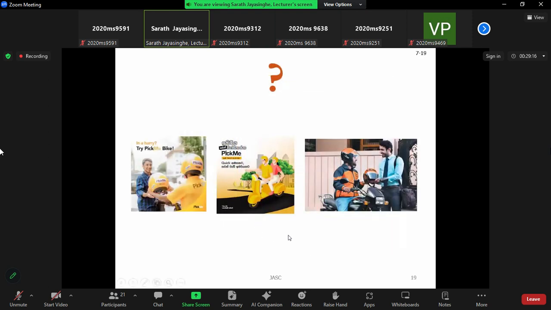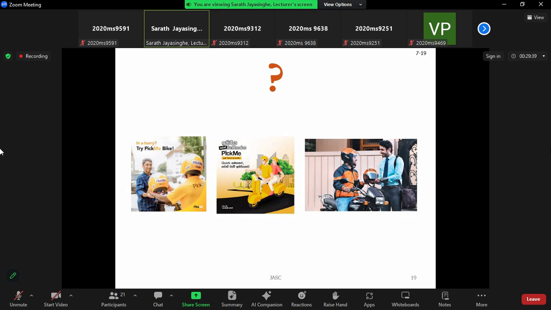And this is also a different thing. How do you perceive this one? This is a new development. It may be new to our country, but in countries like India it is old. What do you mean by this? Pick Me, you know that.